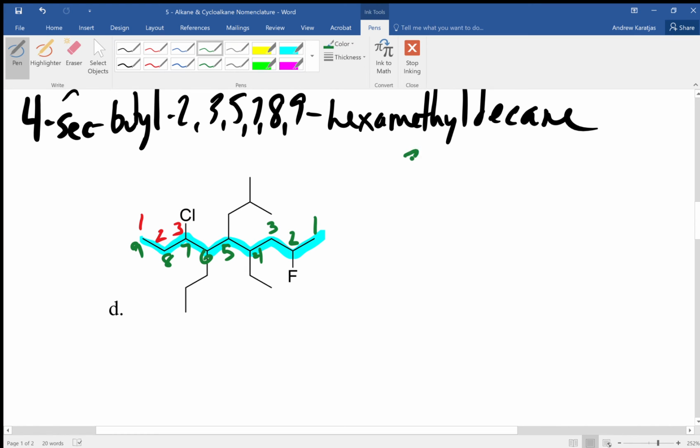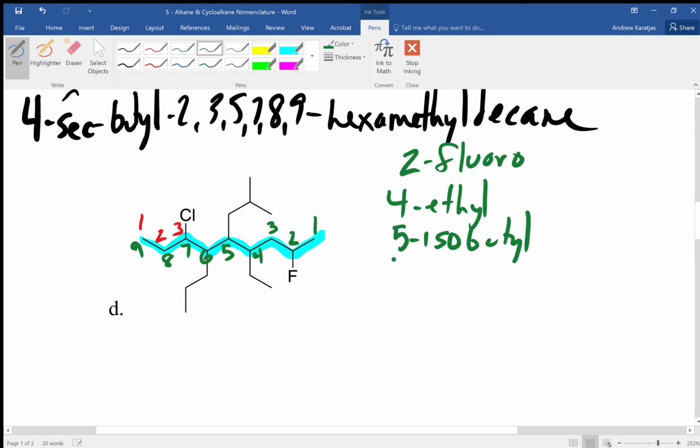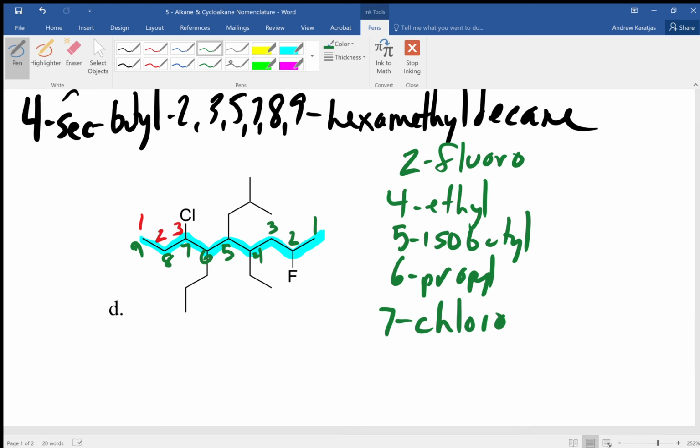We'll list our substituents. Carbon 2 is a fluorine. 4 is an ethyl. 5 is an isobutyl. 6 is propyl. And 7 is chloro. The parent chain here is 9 carbons, or nonane. So when we alphabetize these, and we need to determine this right away, where does isobutyl get alphabetized?